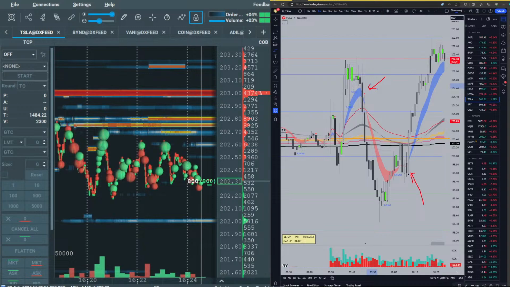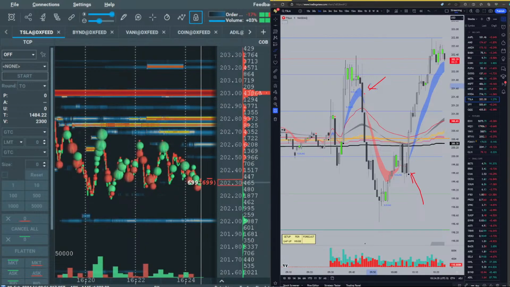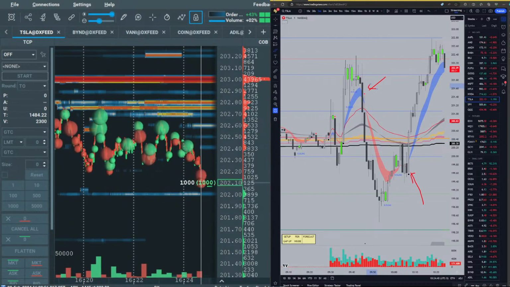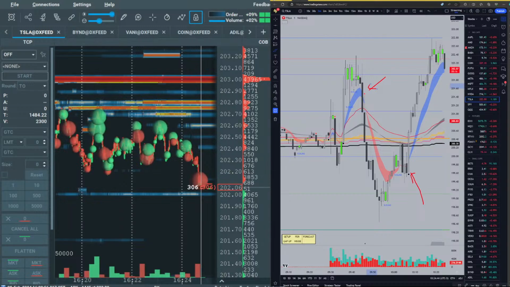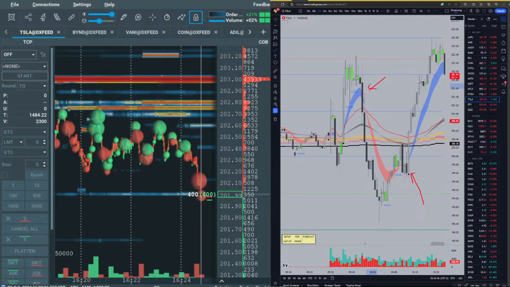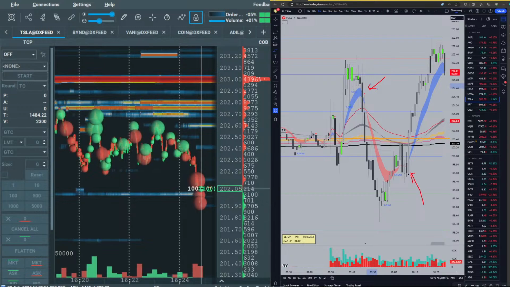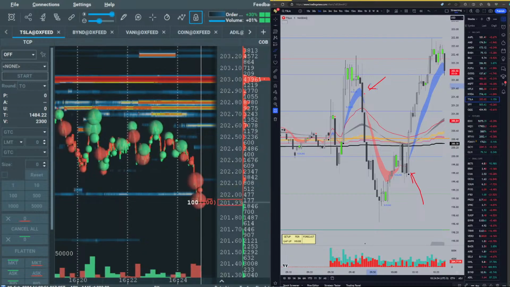Beely this morning faded, so very nice unwind. Baba also faded. Okay, testing over here that level of pre-market high in Tesla.